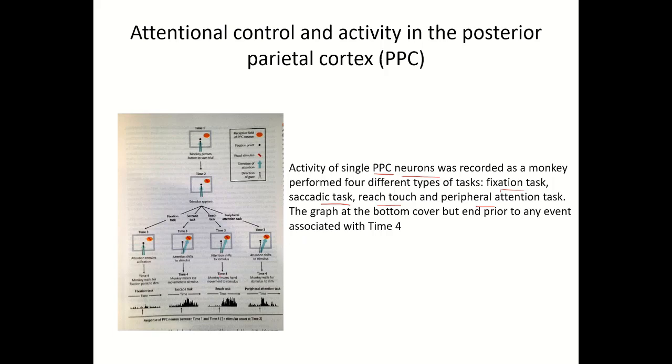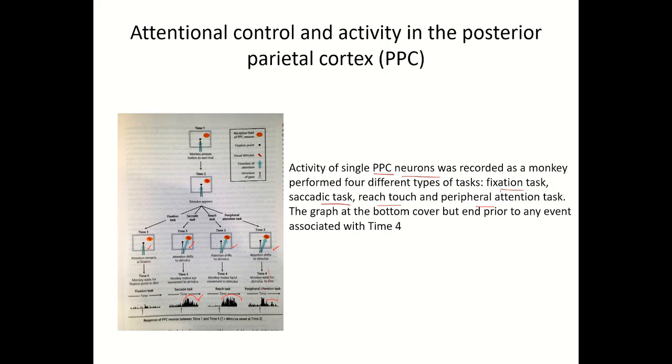And you see the firing was high during the shift of the attention from the fixation to the target, and movement of the hand, and here while the monkey was waiting to see the fixation point dim, the firing is not high. Okay, so only in these two cases you see the firing was high.